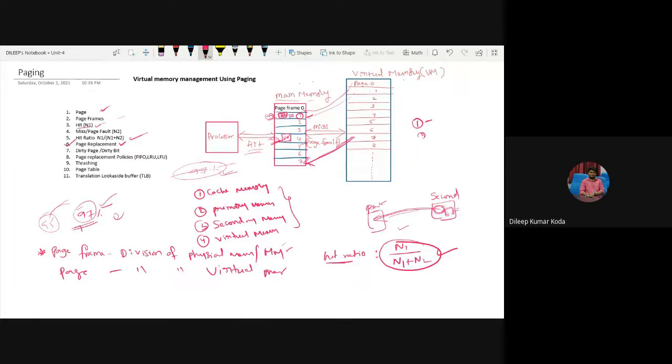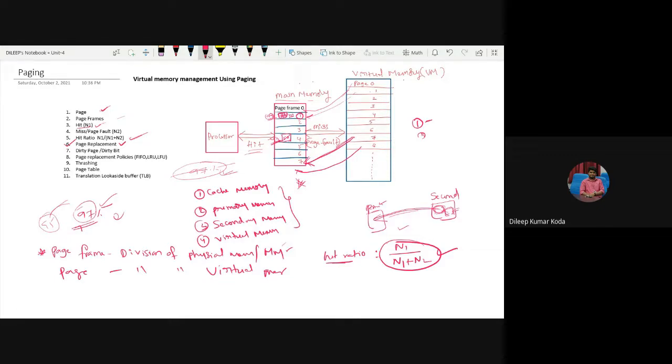For example, here when it comes to the 7th page, your page frames are filled, there are no empty page frames. At the same time, page number 8 wants to be stored in a page frame, but there is no vacant space. In that moment, any of these page frames can be removed and replaced with the recent one, which is what is being looked for.